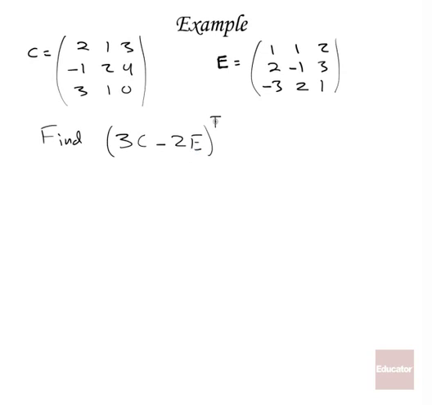Okay. Well, we know that if we have the transpose of some quantity, we can take the transpose individually. And we know that when we have a number times a matrix transpose, we can go ahead and just take the transpose of the matrix first and then multiply by the number.